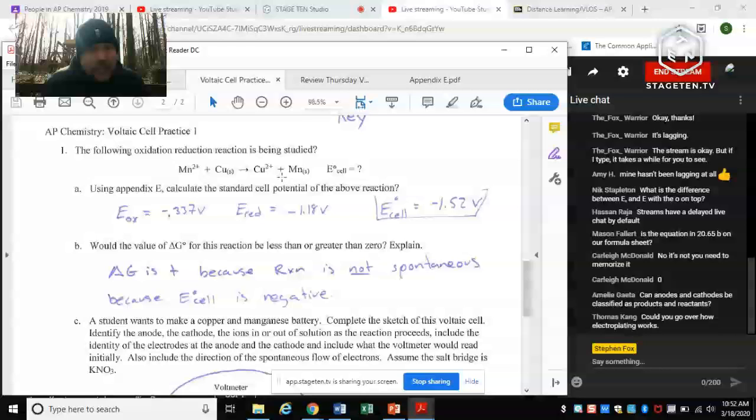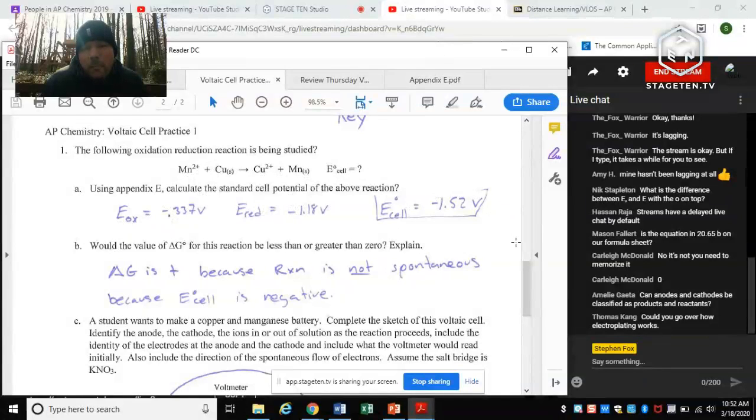If we looked up the oxidation of copper, that's a negative 0.337. And again, I'm getting this from our reduction potential table in Appendix C, right? And if I look at the reduction potential for manganese 2 plus, it's negative this. So the potential for the forward reaction is actually negative. So that reaction isn't spontaneous, right?